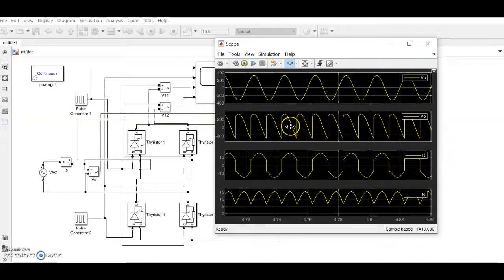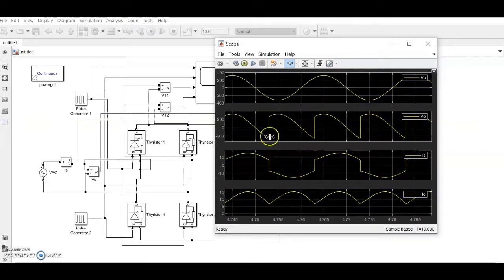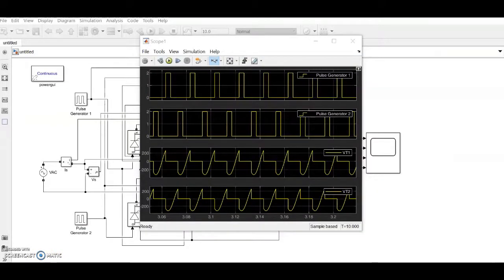The waveform changes. Similar is the case with the pulse generator waveform when it is shifted by 0.003, or 3 millisecond. The SCR voltage across the thyristor also got changed.